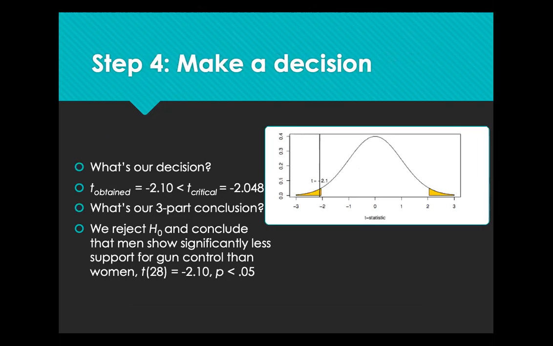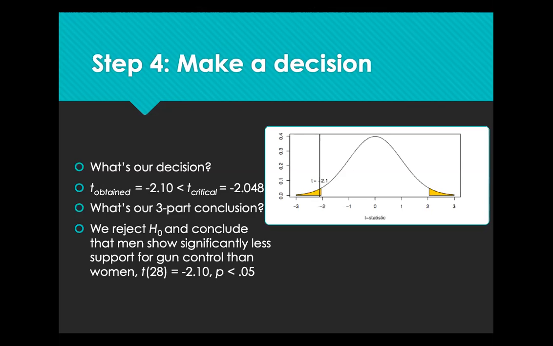The graph there of the distribution curve shows you t critical 2.048, t obtained 2.10. So that t obtained is less than the t critical. And since our t obtained is in the yellow section of that tail, we will reject the null hypothesis and conclude that men show significantly less support for gun control than women.